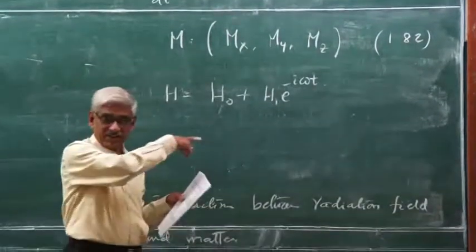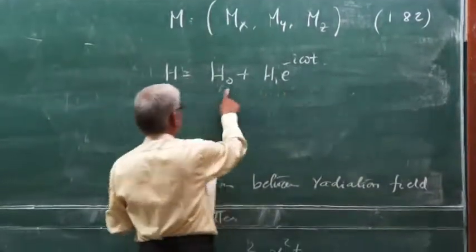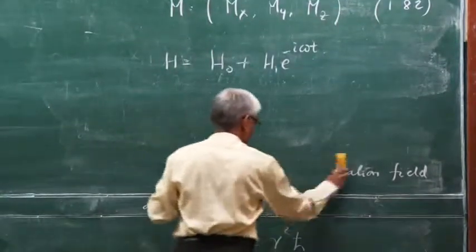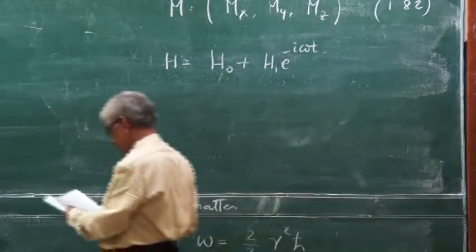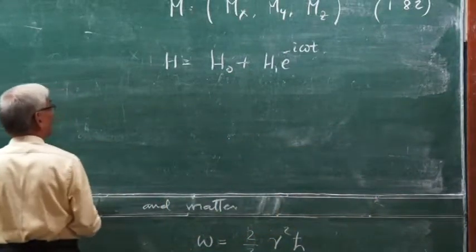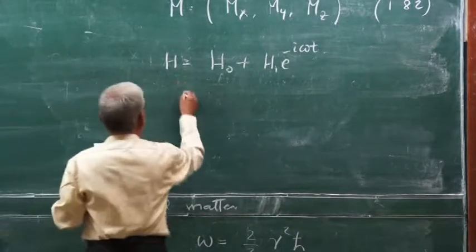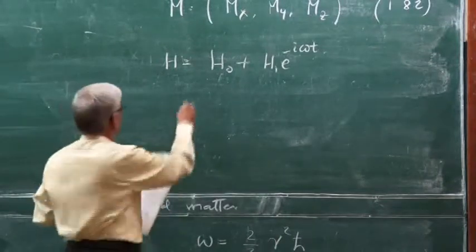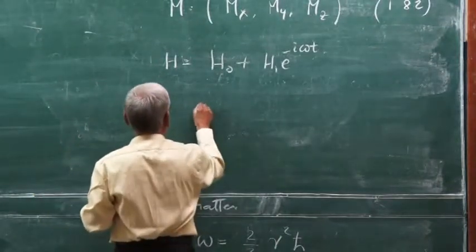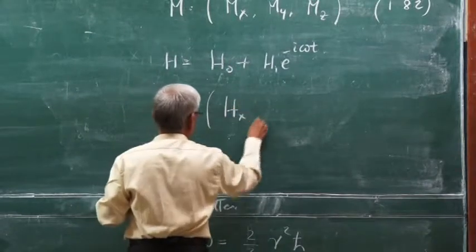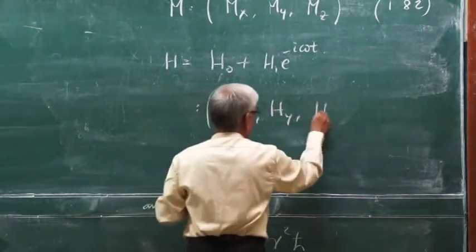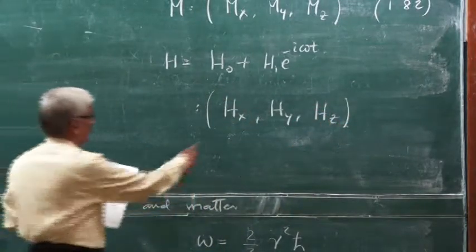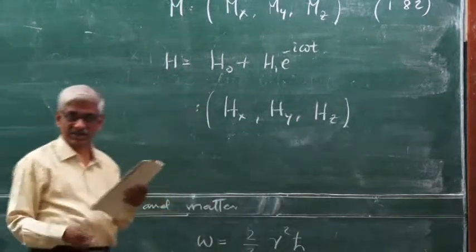This is your RF field, and this is your Zeeman field, DC field. So this also is a kind of a vector, except that it has a time dependence. Okay. So this also I can write with components Hx, Hy, and Hz.